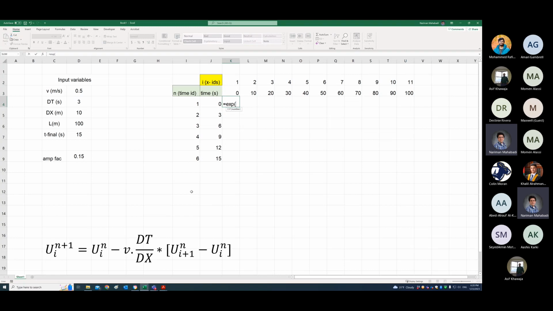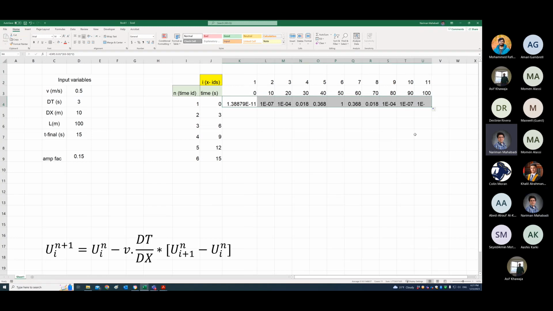It's just exponent to the negative 0.1 times your x value minus 50 power 2. So this is my initial condition. And if you extend this, you're going to have your distribution, right?